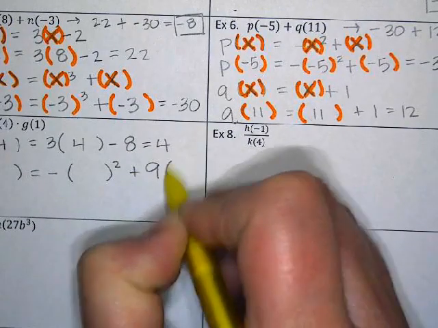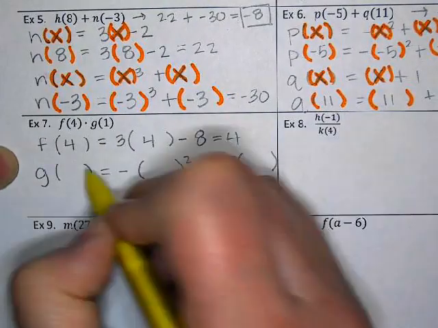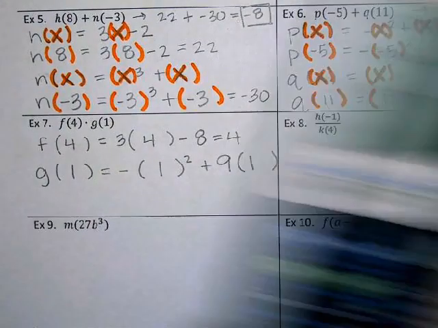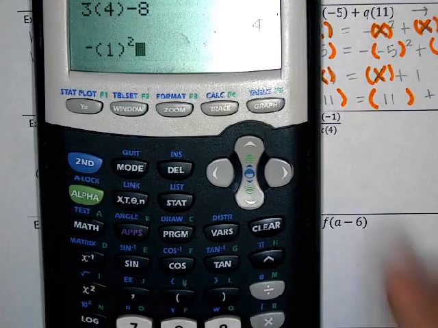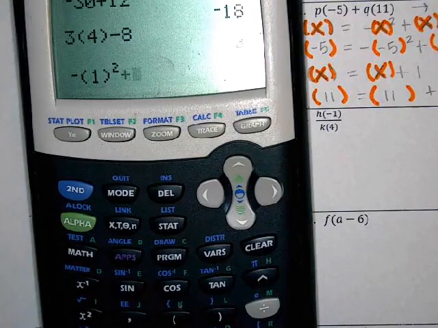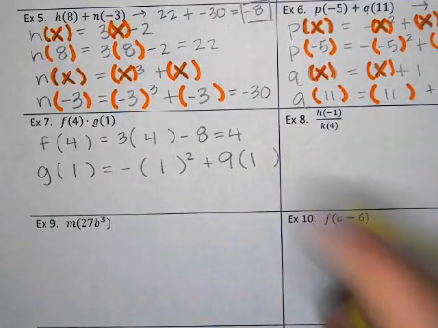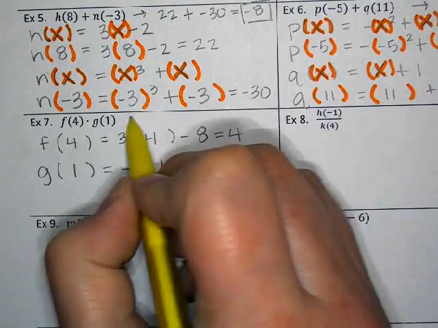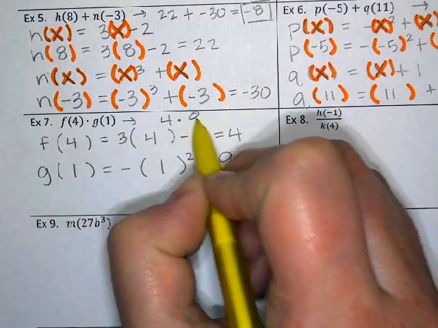And the number that we're plugging in is 1. So I'm going to have the negative version of 1 squared plus 9 times 1, and that gives me 8. And I have to multiply these together. So I'm going to get 4 multiplied by 8, which is 32.